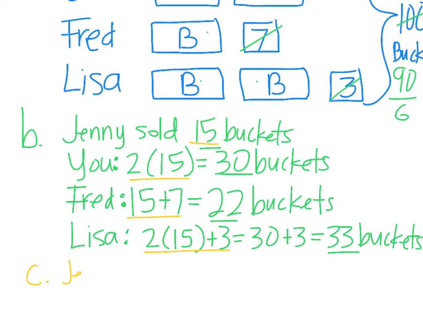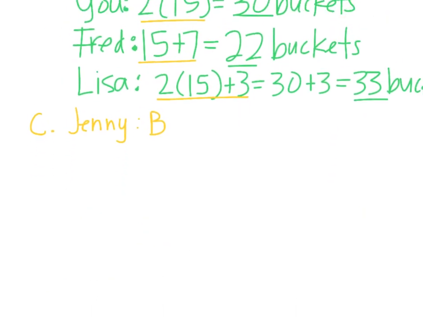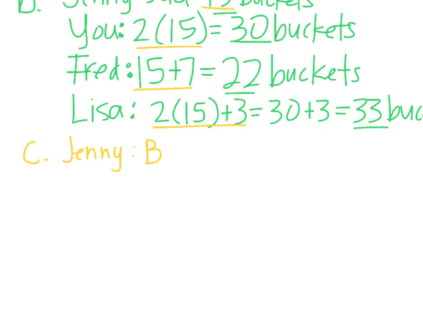So Jenny, the expression would simply be B. And then you would simply be 2B. And Fred, and really we go back to the picture for this, would be B plus 7. If you'll remember, these really do match up to those boxes. It's just that we've taken away the rectangles.